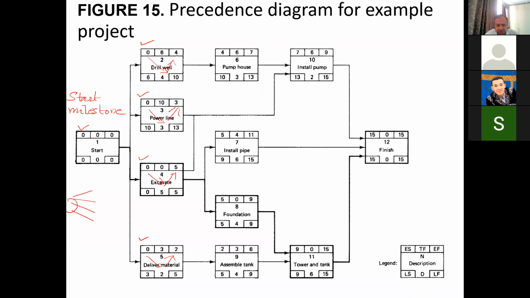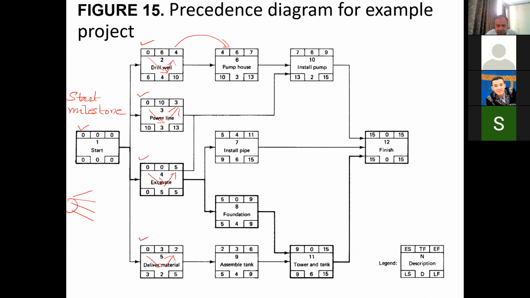Once we have drawn this network over here, we can perform these calculations. In this case, the pump house is starting when drill well is finishing. So if drill well finishes at 4, we can start the pump house at 4. So this 4 goes here. From here, there is an arrow going towards here.